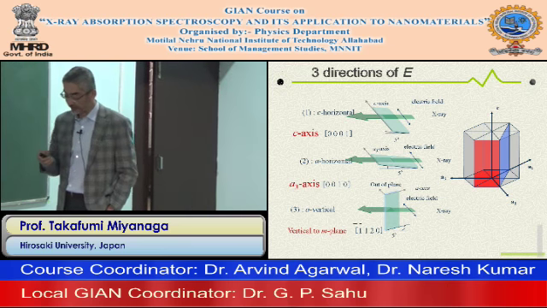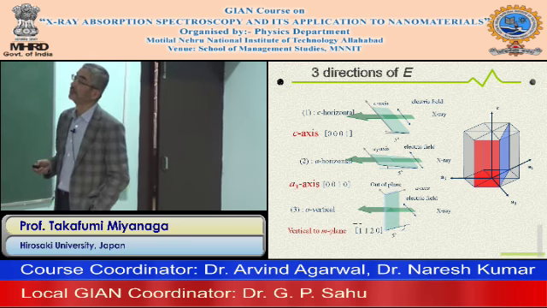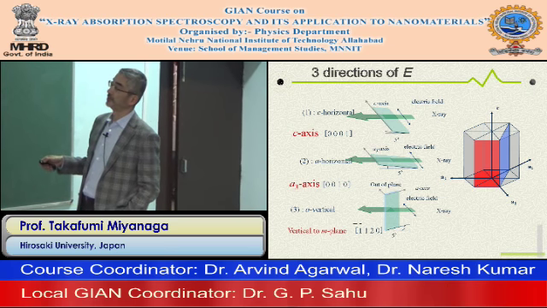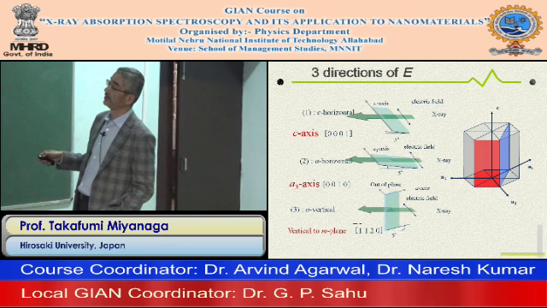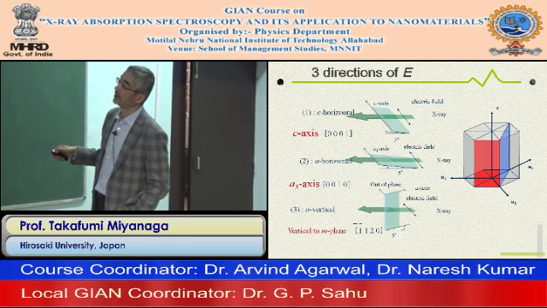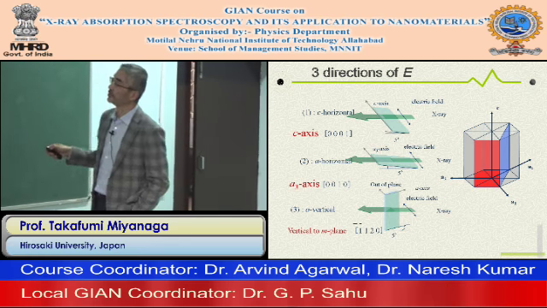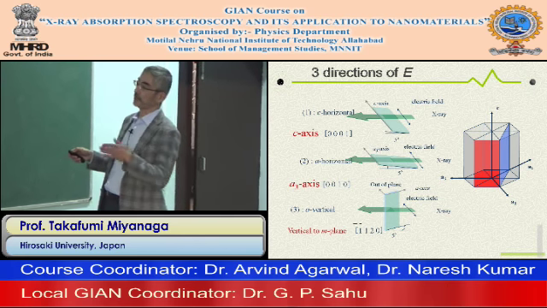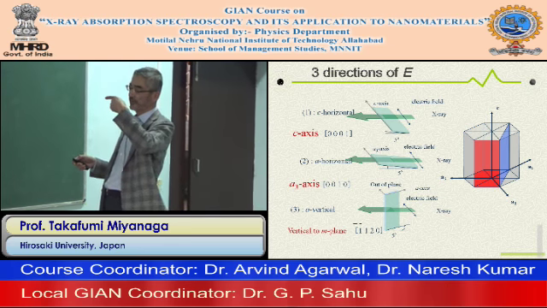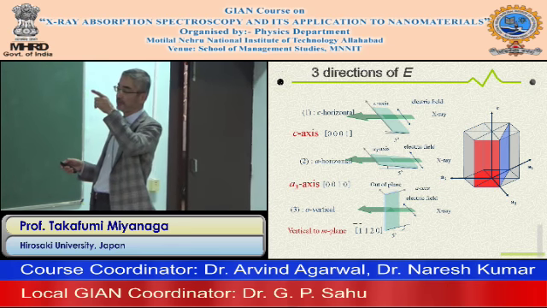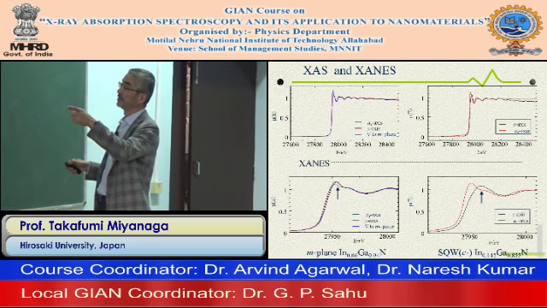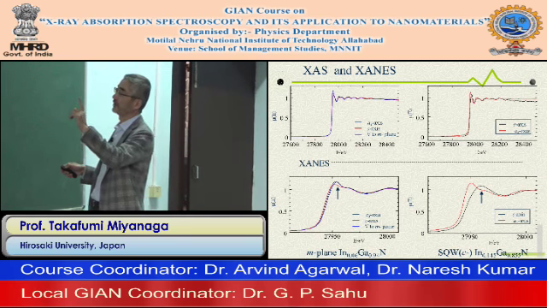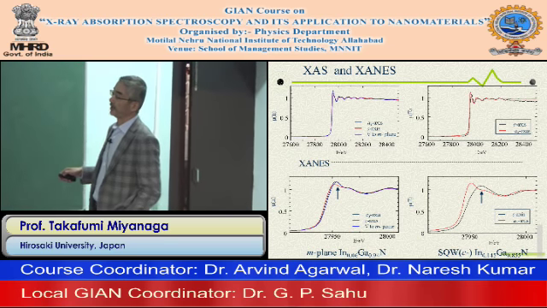I will show you the result first. This is the X-ray absorption function of these three M plane samples. The comparison to this is the C plane samples. In the case of the C planes, the A direction and B direction have the same effect. So this is the A3 axis. Only the C axis is different.